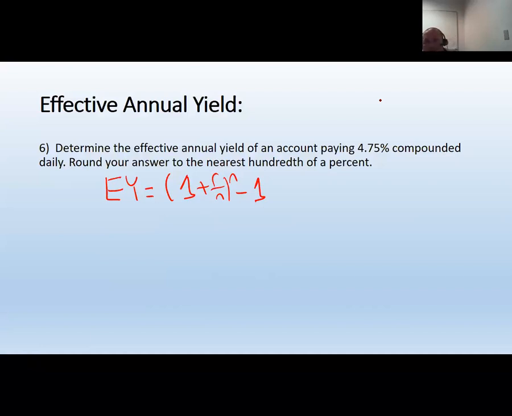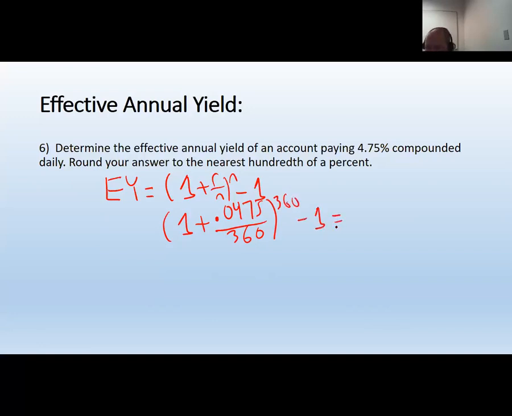All right, so we want the effective annual yield of 4.75% compounded daily. That's going to be 1 plus R, which is 0.0475, all over N, and if it's daily, we're going to use the banker's rule for the number of days. That's 360 days, which will be your N in the denominator. This is going to be raised to the N power, which is 360, minus 1.